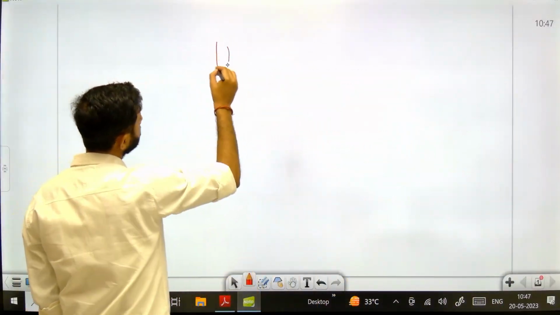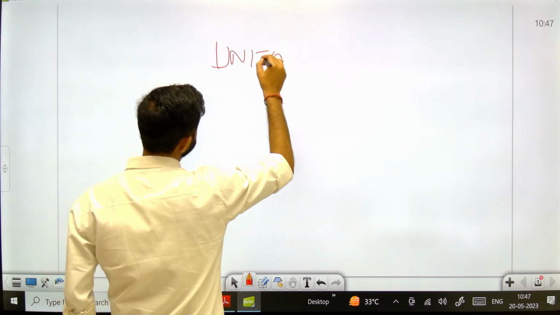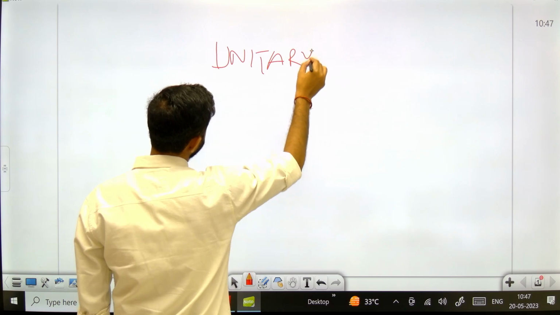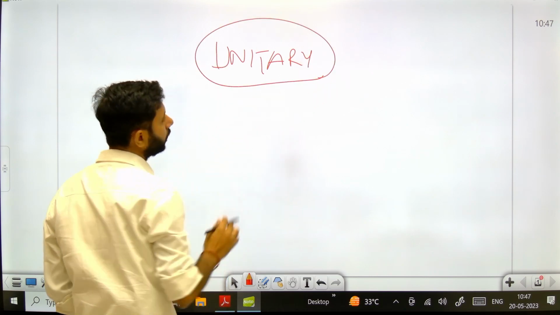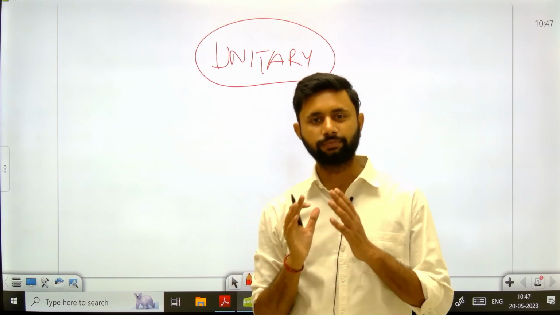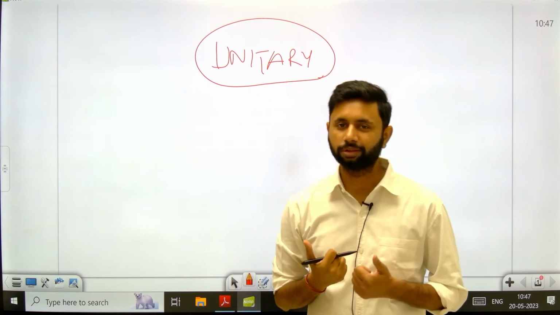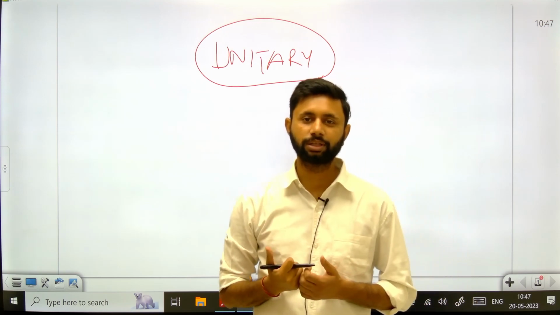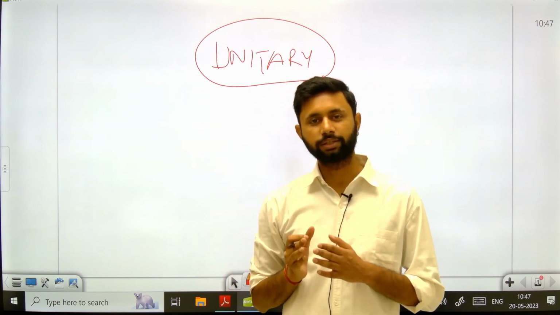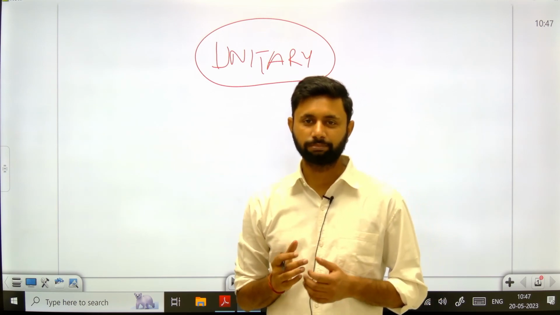First of all, unitary perspective. In the unitary perspective, the industry is treated as one unit. That means all the management, all the stakeholders, even the workers have one motive, and that is to make the industry as profitable as possible.